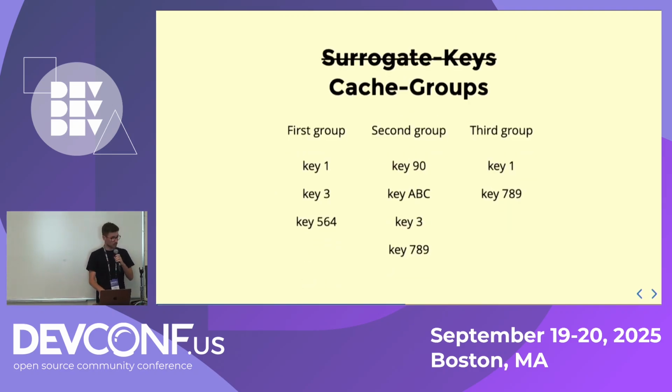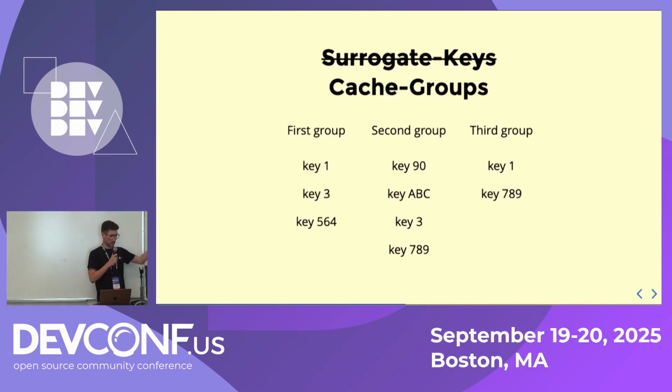Previously there was something called surrogate keys, a concept introduced by Akamai, a cloud provider and CDN provider. But now there is an RFC that standardizes the behavior and the naming.